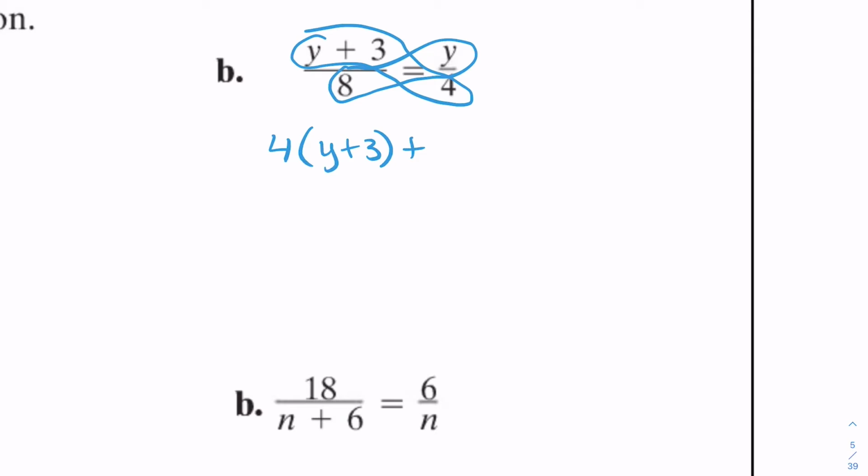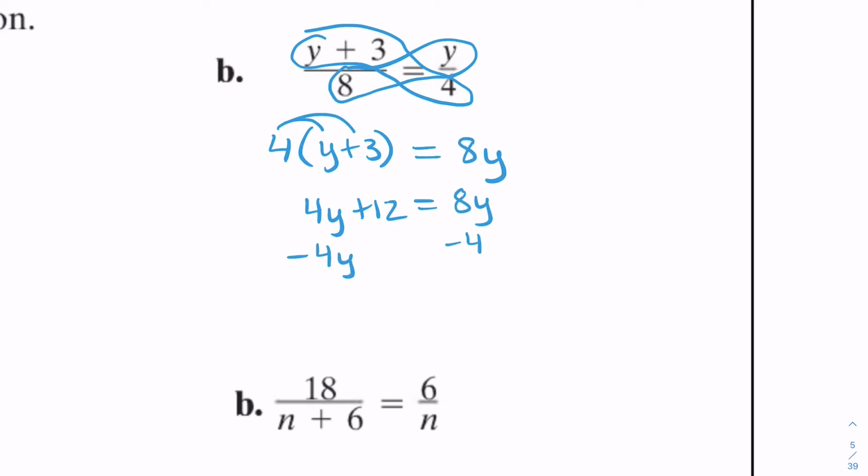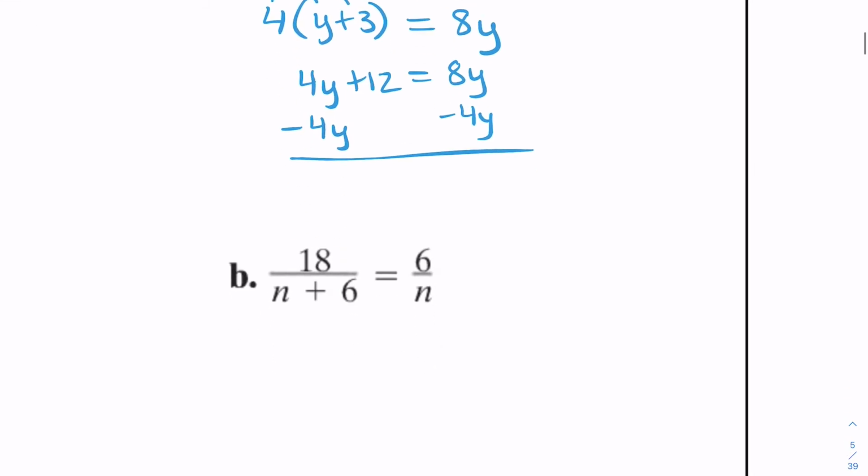So we get 4 times y plus 3 equals 8y. So distribute, we get 4y plus 12 equals 8y. We're going to take 4y away. Doesn't matter how you solve as long as it's legal. We get 12 equals 4y, and we get y equals 3.